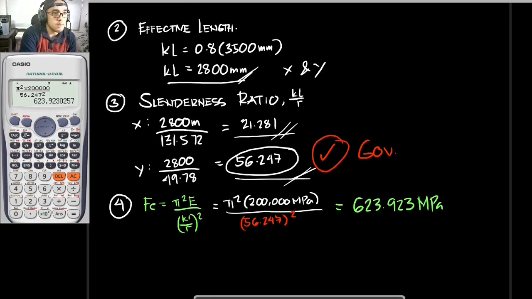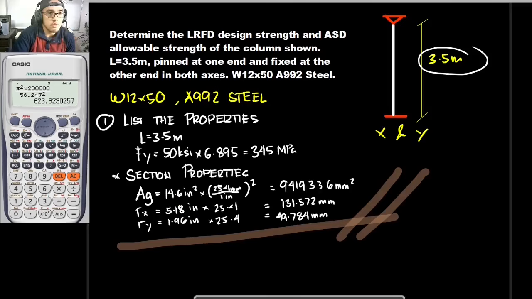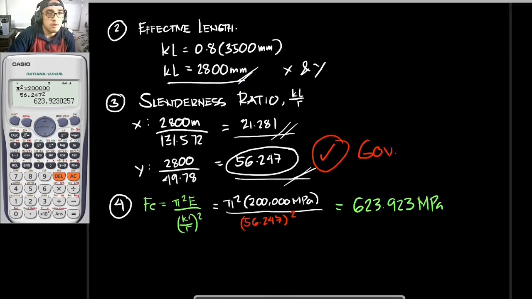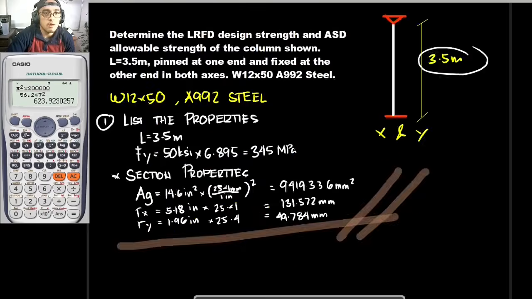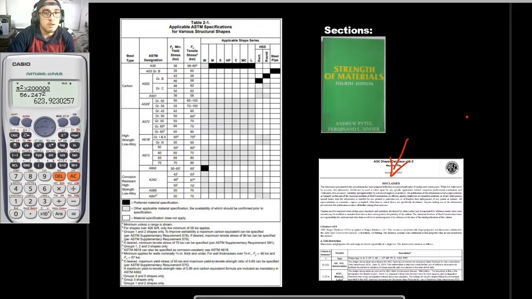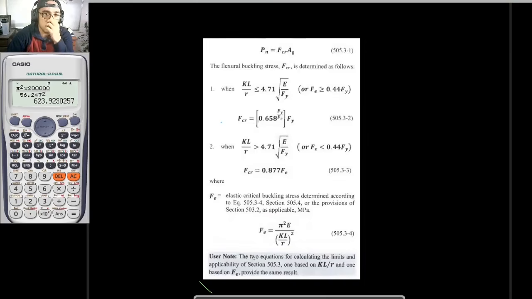So, for step 5, next slide na tayo at medyo napupuno na. For our step 5, we would be computing for the flexural buckling stress, that is to be FCR. If you can remember in our previous table, ito yung mga formula natin, these would be the values of FCR.